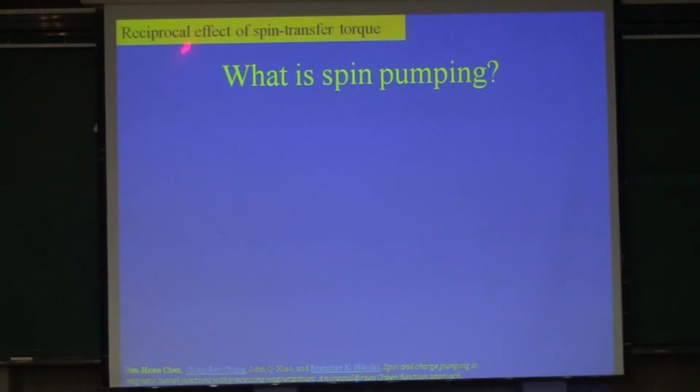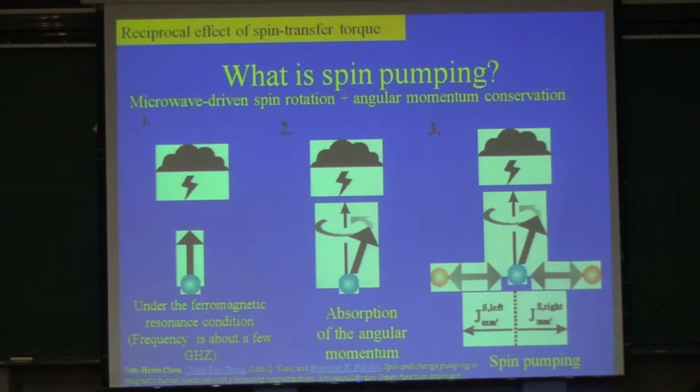Actually, the first idea is just the reciprocal of the spin transfer torque. Spin transfer torque is that you use the spin polarized current to switch the local moment. And this one, the first idea, uses ferromagnetic resonance. If your microwave is applied, you rotate the local moment.